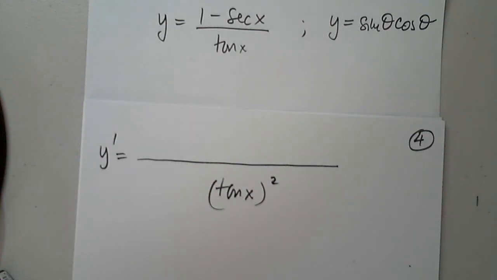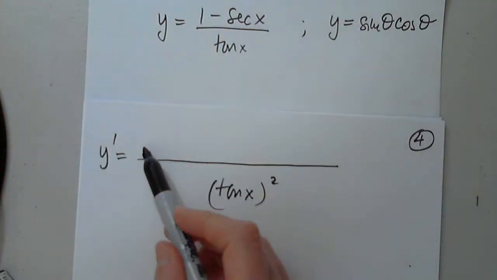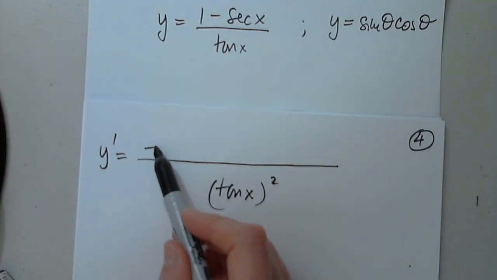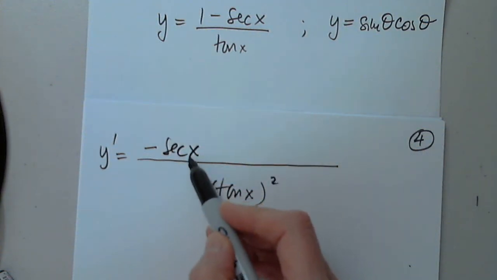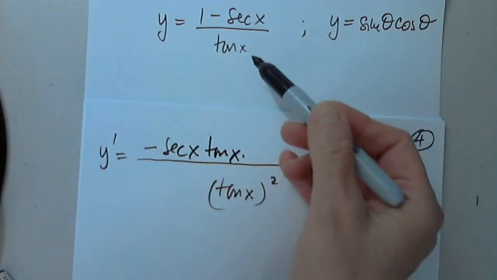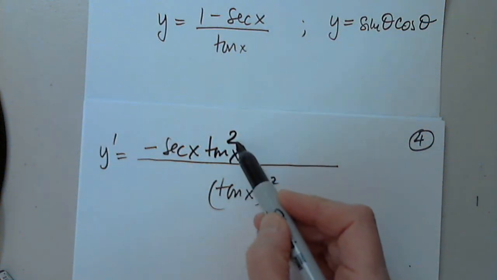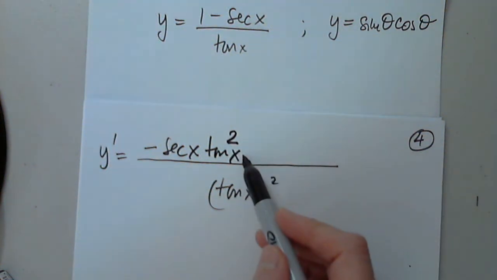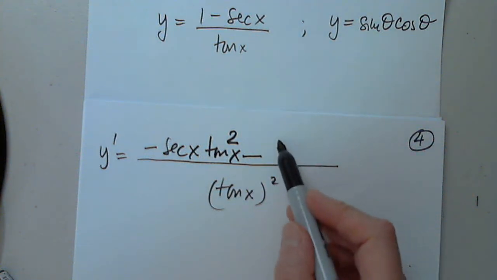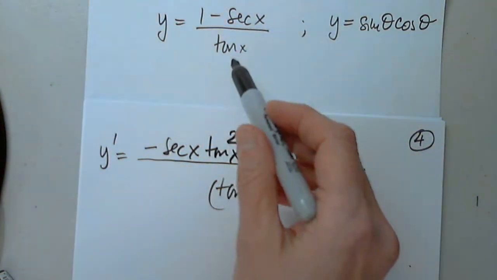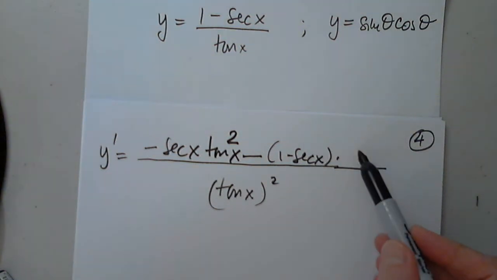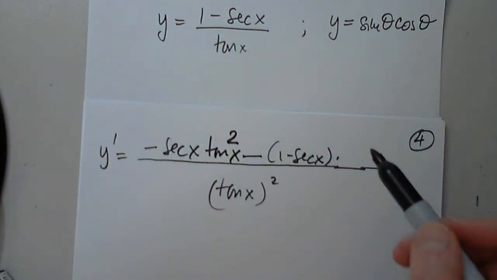Negative tangent x secant x? Yes, so secant prime is secant tangent. Very good. Times the denominator, minus, I copy the top, times the denominator prime. Secant squared x? Very good.